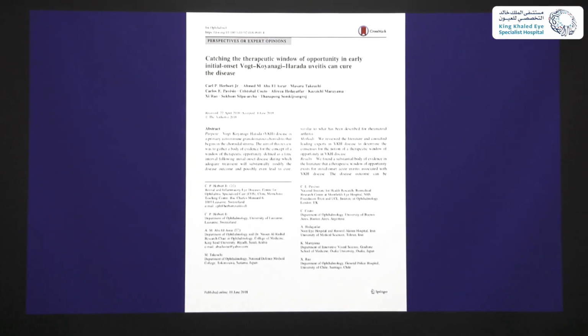That's why, with the help of an international group of colleagues, before we published this paper, we published a review article that hypothesized the importance of the therapeutic window of opportunity. The title is Catching Therapeutic Window of Opportunity in Early Initial Onset Vogt-Koyanagi-Harada Disease Can Cure the Disease.